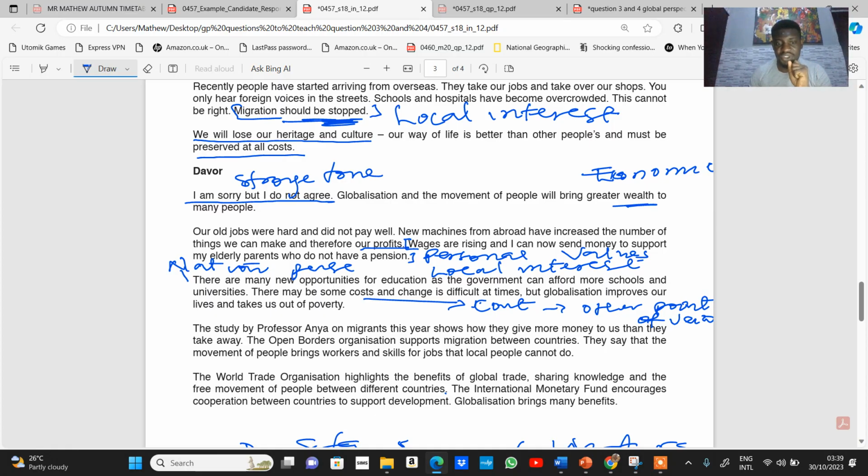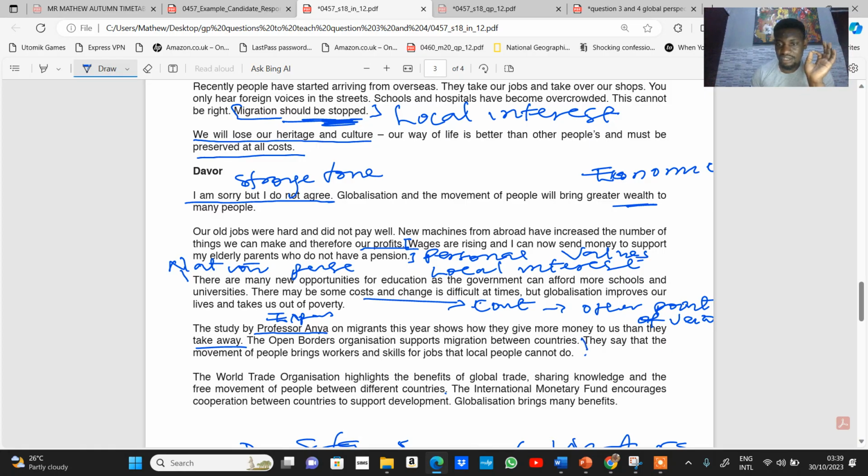Now, the study by Professor Anya on migrants this year, so he's looking at expert opinions. That's his type of information now, expert opinions. Now, migrants this year show how they give money to us than they take it. Now, the Open Border Organization supports migration between countries.